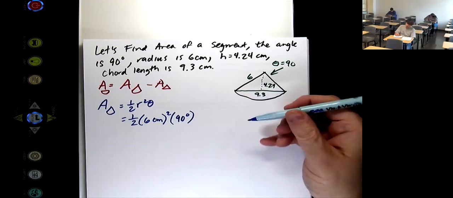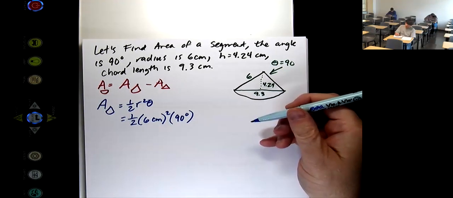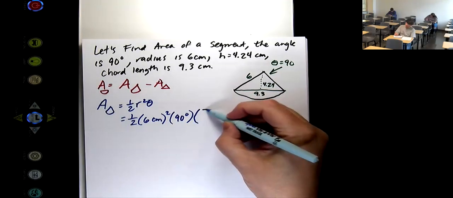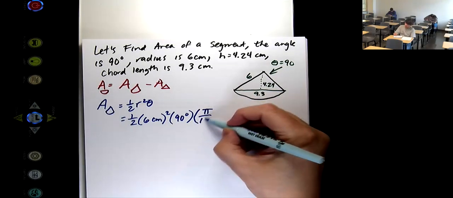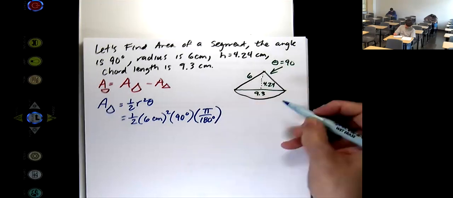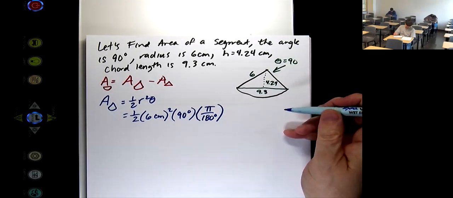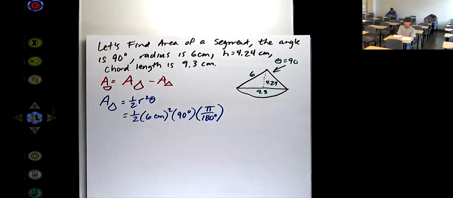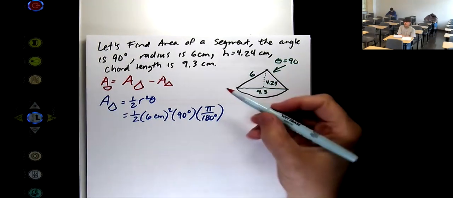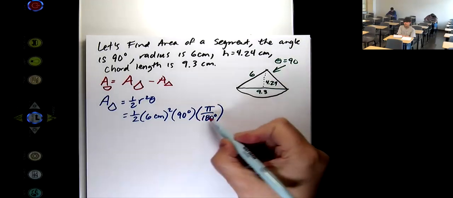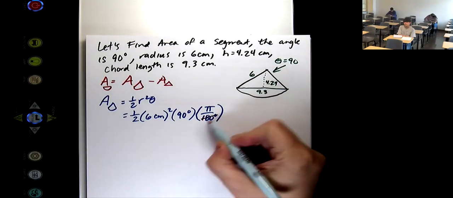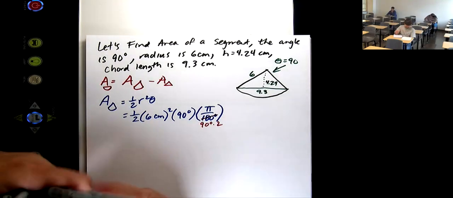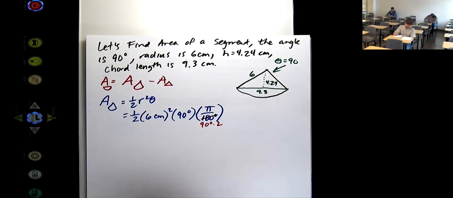And I don't want it in degrees because I can't use degrees. So I need to multiply this by pi over 180 to get rid of the degrees. So if I do that here, 180 is 90 times 2, so the 90s cancel out.